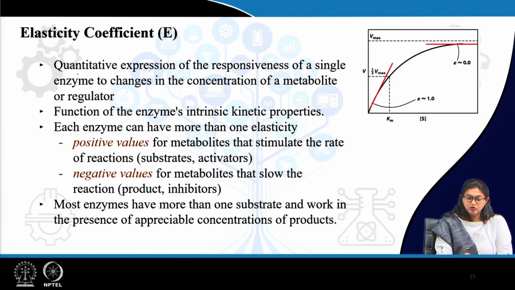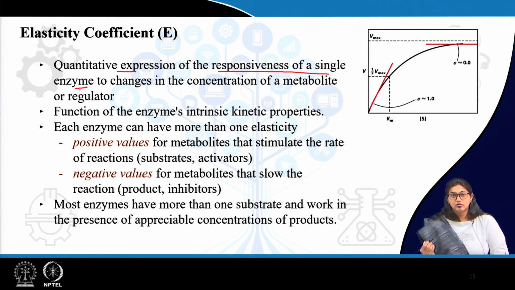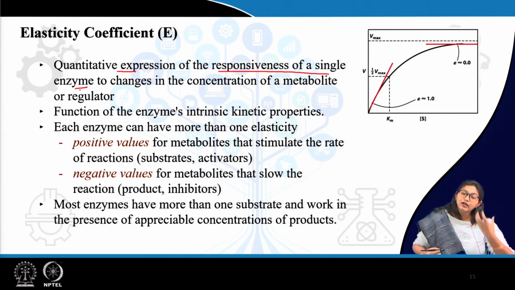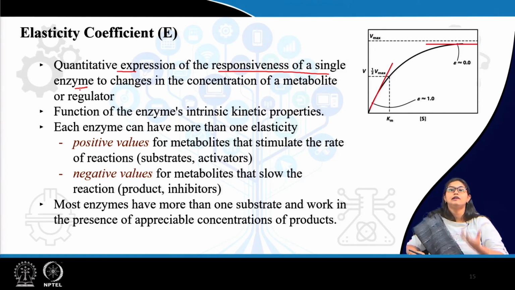So, it is the quantitative expression of the responsiveness of a single enzyme to the metabolite changes. So, if the metabolites change, how the enzyme will react, that is the elasticity coefficient.